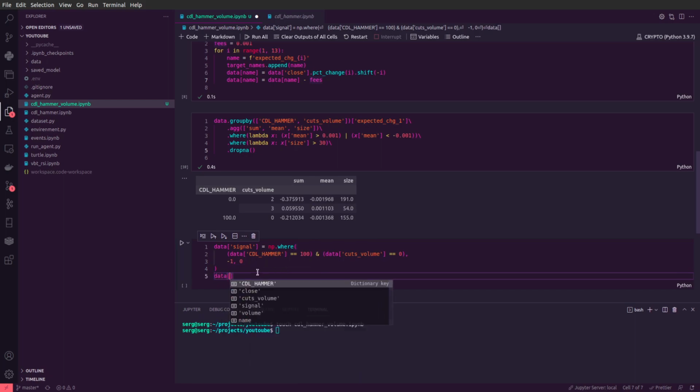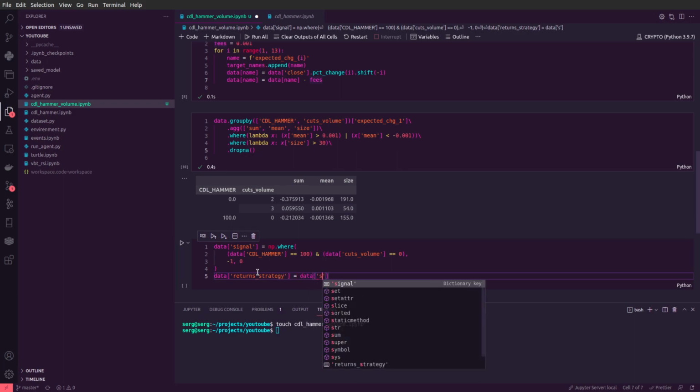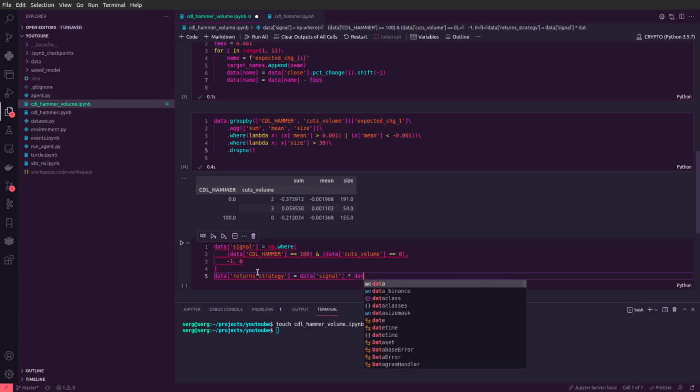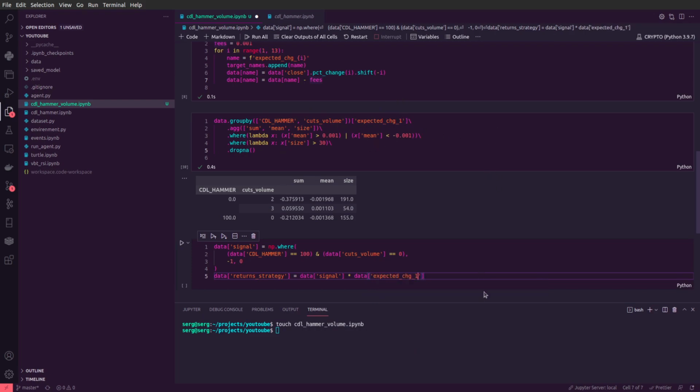Let's do some returns, for example, returns strategy. What we need to do is multiply the signal and multiply our target variable, what happens after 1 hour, the expected change after 1 hour.